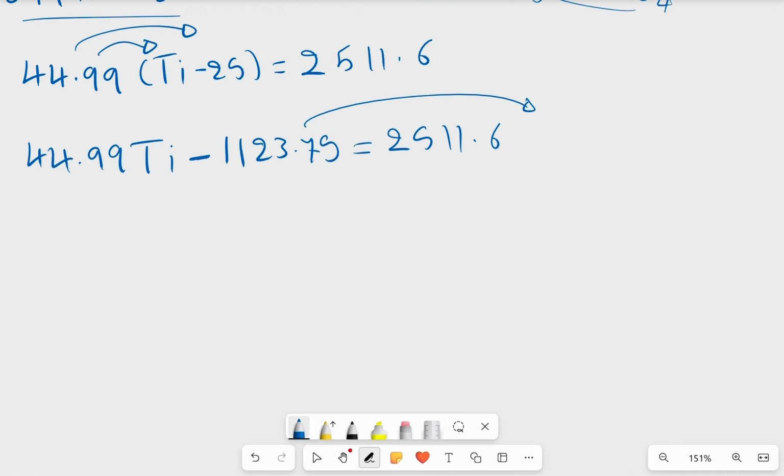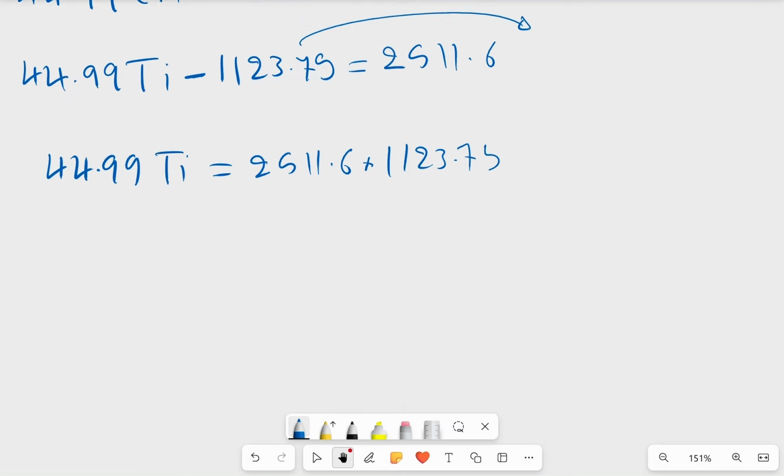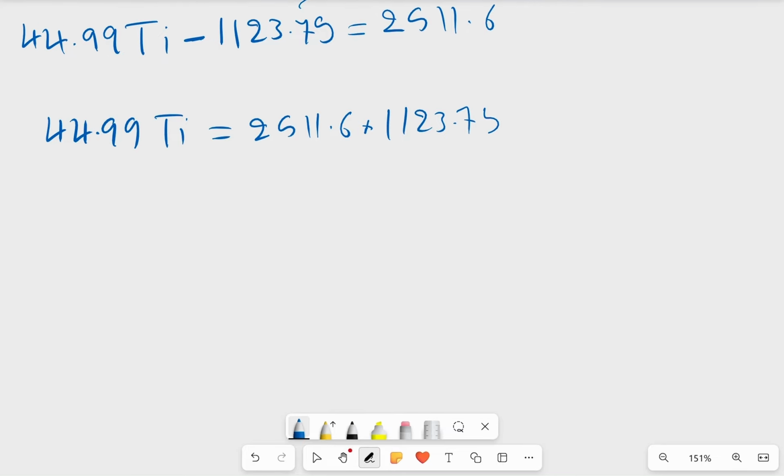Take this number to the other side. You have 44.99 T initial, which is equal to 2,511.6 minus 1,123.75. Sorry, this is minus, so this one becomes positive. You want to find T initial, so divide this side by 44.99 and divide the other side too by 44.99.